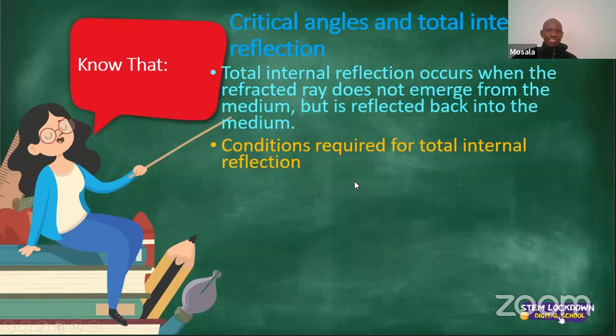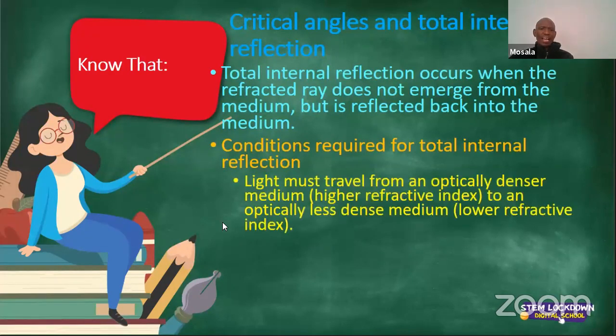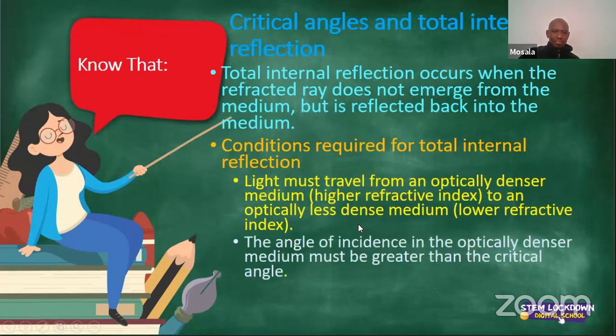So let's look at the conditions required for total internal reflection to take place. Light must travel from an optically denser medium, that is a medium with higher refractive index, to an optically less dense medium, that is a medium with lower refractive index.